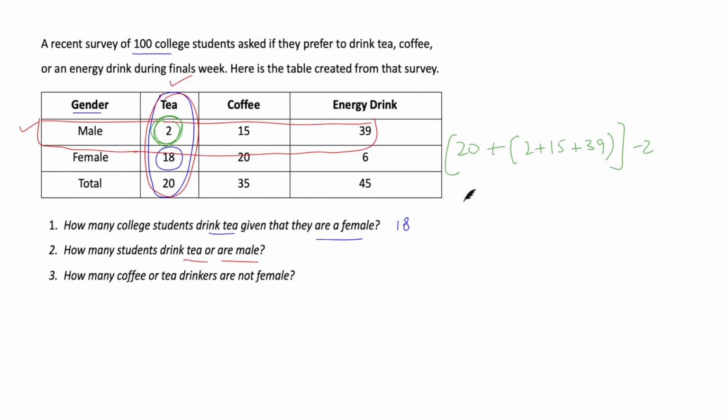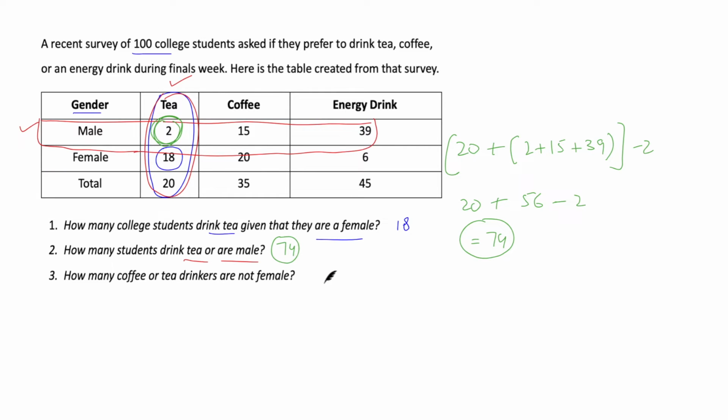So we have 20 tea drinkers plus 56 males minus this 2, that is the repetition. So our answer is 74. This is our answer to this question. So 74 students are tea drinkers or are male.